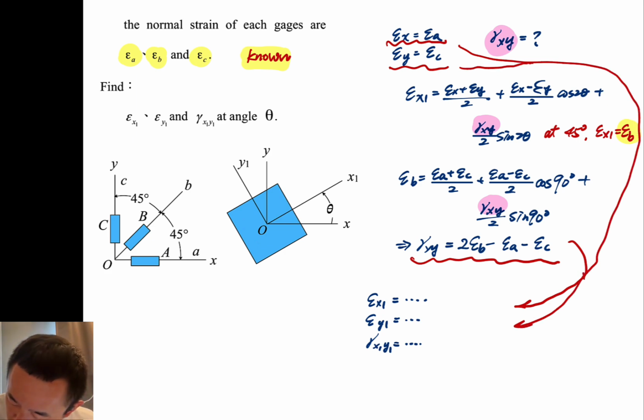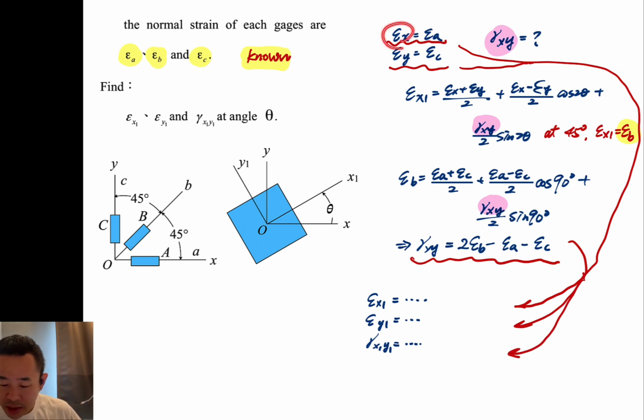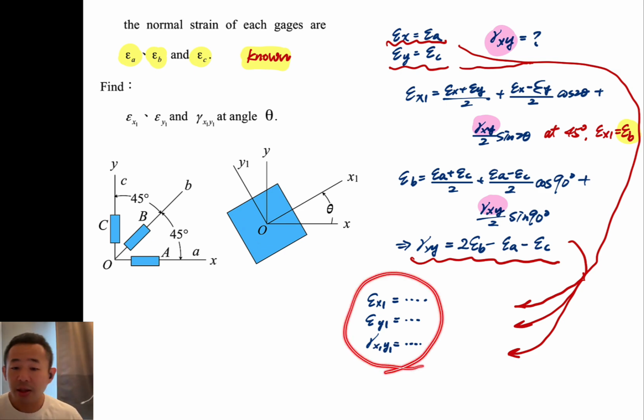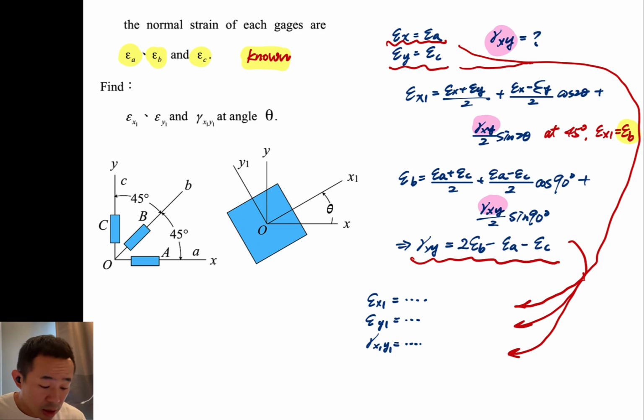Okay, so now you have epsilon x, epsilon y, and gamma xy. Okay, so then any components in different directions you can obtain. That's good. So I guess you understand what I'm talking about.